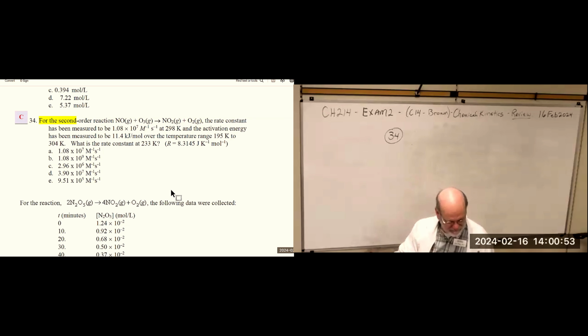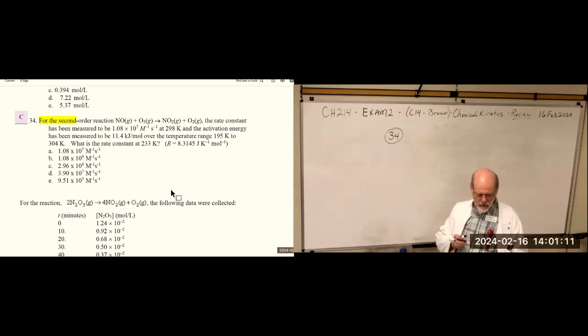So we need the same Arrhenius equation that we used before. We got two temperatures and two rate constants, and we got the activation energy. We want to know the new rate constant. Okay, so I think we need to extract the data from that word problem.